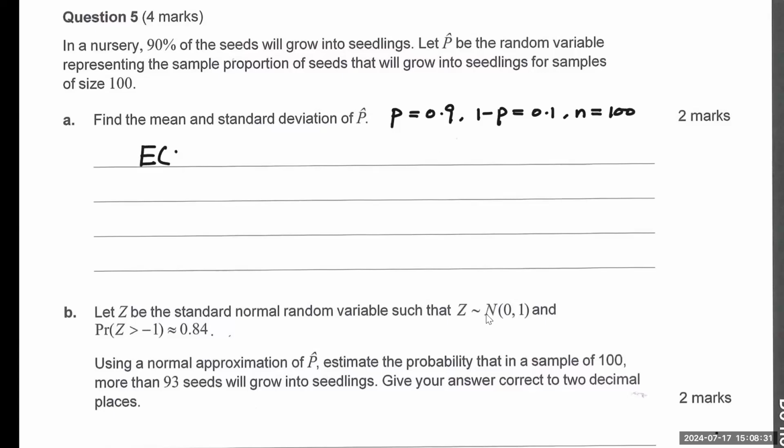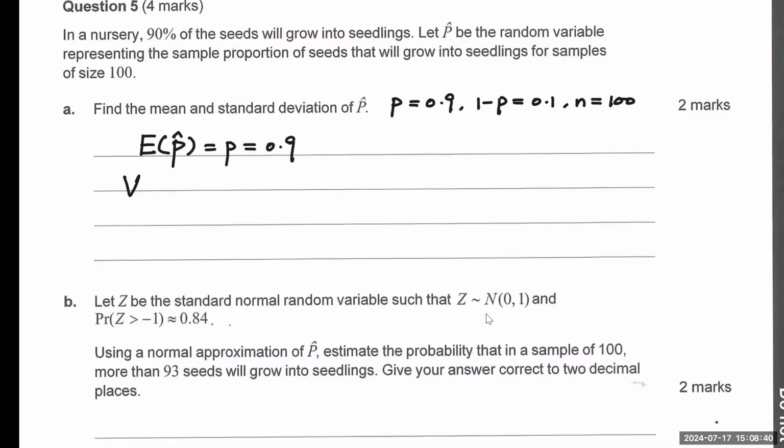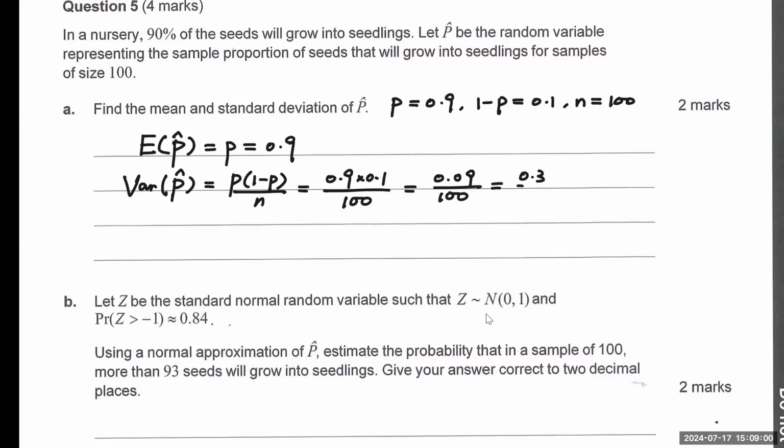So expected value of sample proportion will be small p, which is 0.9, okay? And once you get the mean value, you get the variance first, and then take the square root. This will be p times 1 minus p divided by n, which is 0.9 times 0.1 divided by 100. So I would write this as 0.09 divided by 100, which will be 0.3 divided by 10 squared.